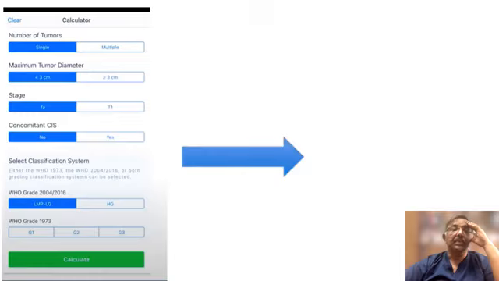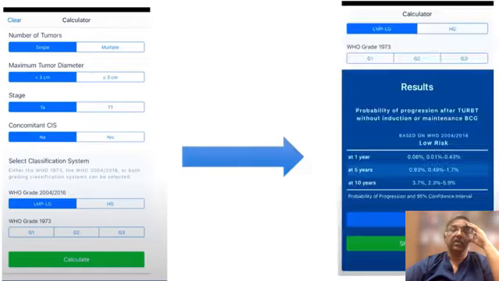So she has a single greater than 3 centimeters tumor, which is TA without CIS, and it is low grade on histopathology. This all indicates a low risk cancer, and she was categorized as having a low potential of progression at 1 in 5 years.